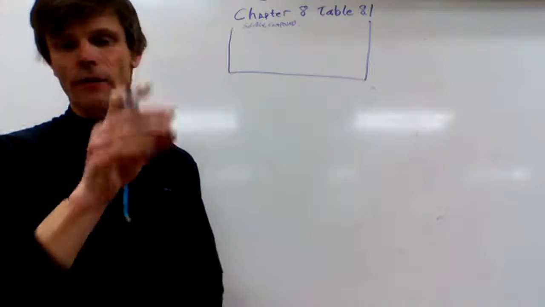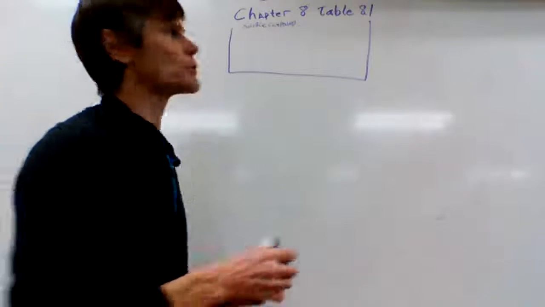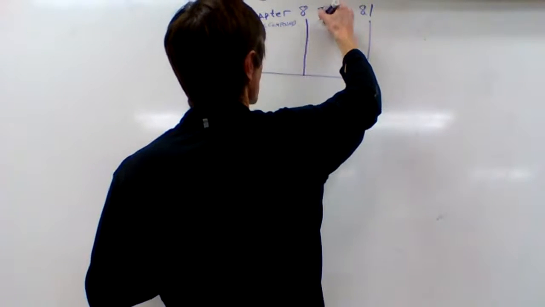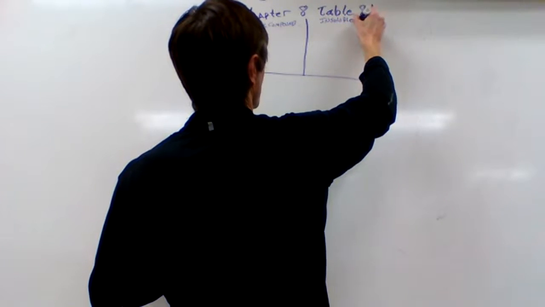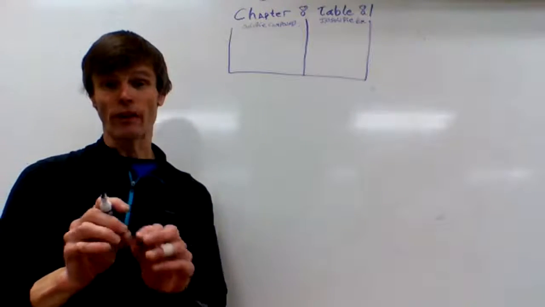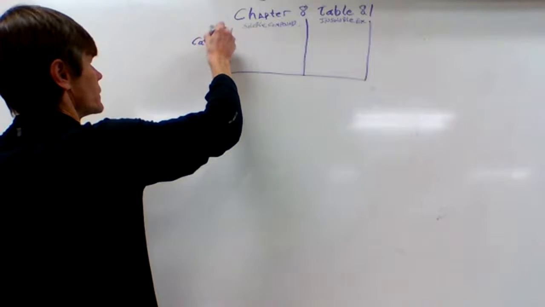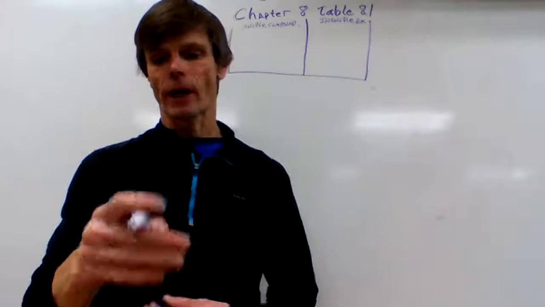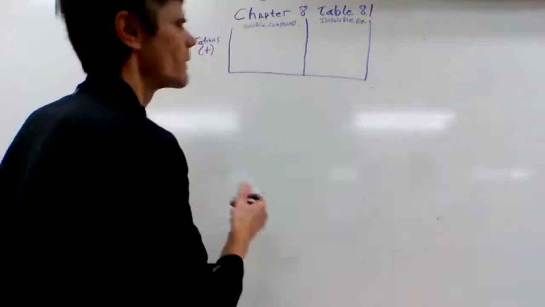And they have another column on this table that tells you about insoluble exceptions. On the top part of the table, they look at cations. Remember, these are going to be positively charged species. And on the bottom of the table, they look at anions, negatively charged species.